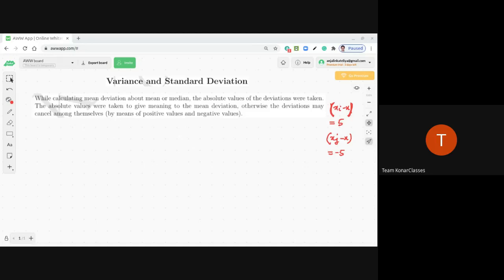So another way of overcoming this difficulty, which arose due to the sign of deviations, is to take squares of all the deviations. One method is to take the absolute value, and another is to take the squares, because we know the square of a negative number is also a positive number. So that means if we can do something like this, let me first place that note in front of you, and after that I will explain.